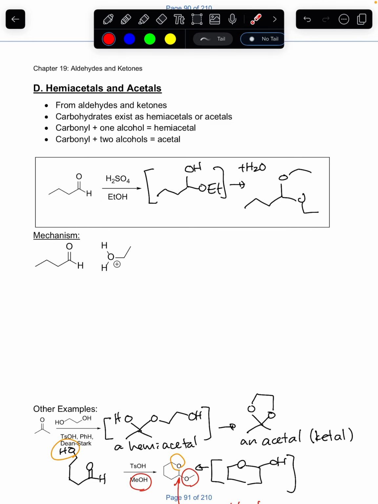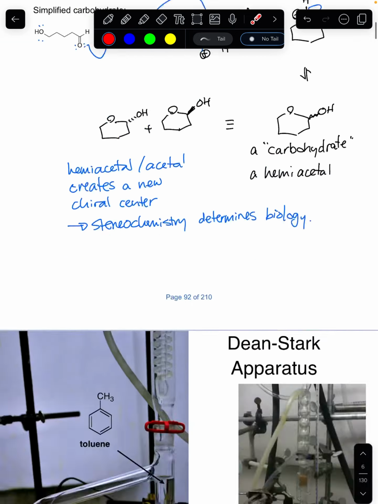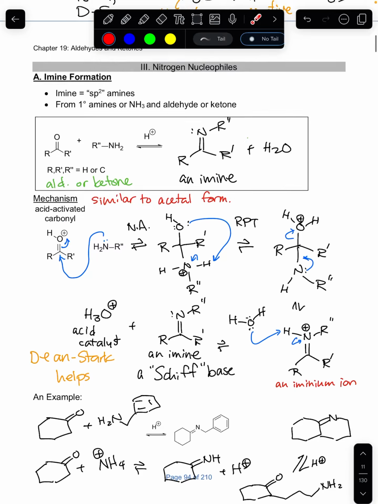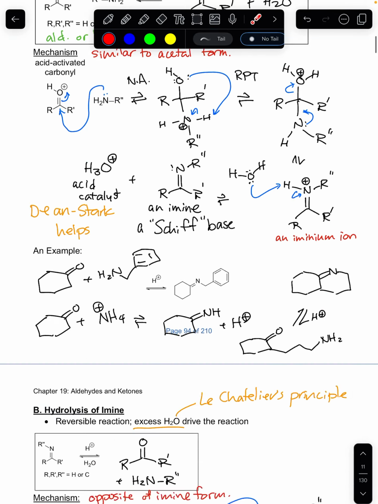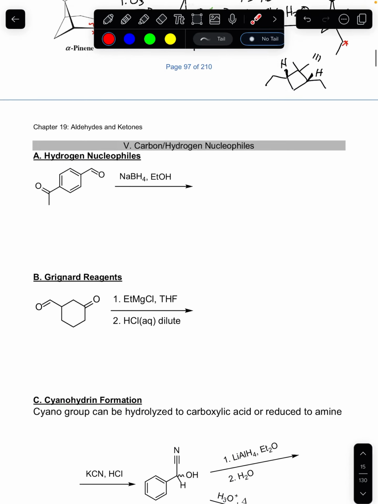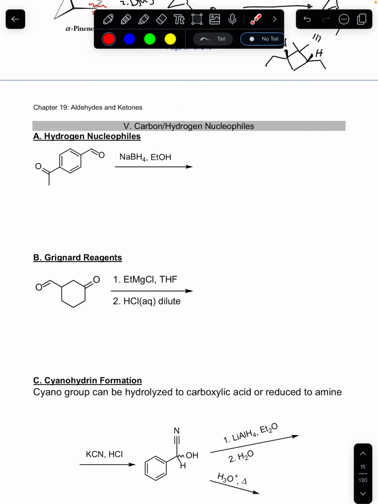Acetal formation, the nucleophile is oxygen. Okay. With imine, the nucleophile is nitrogen. So what happens if you have a carbon or hydrogen type of nucleophile that adds to the electrophilic carbonyl? So that's kind of the idea here.